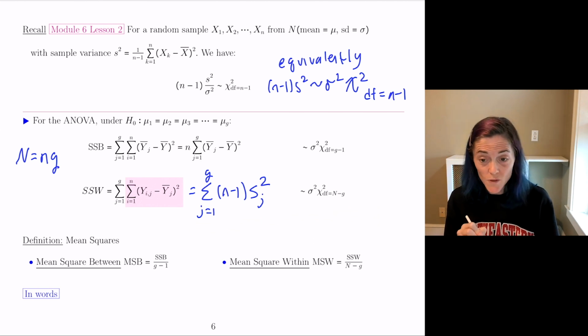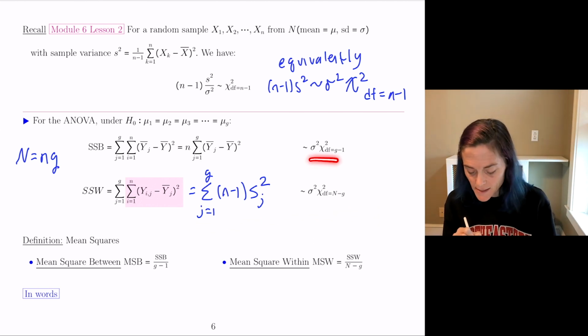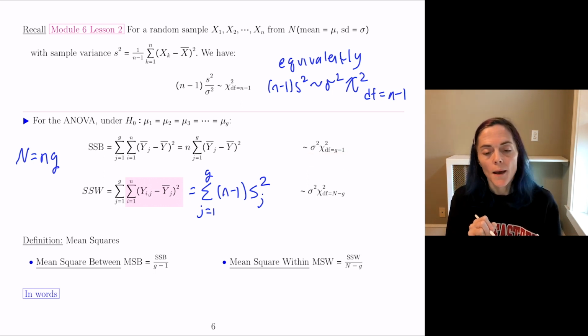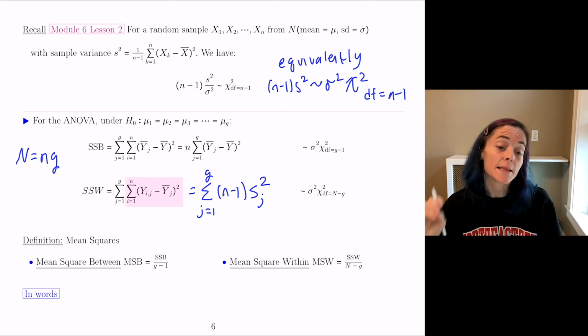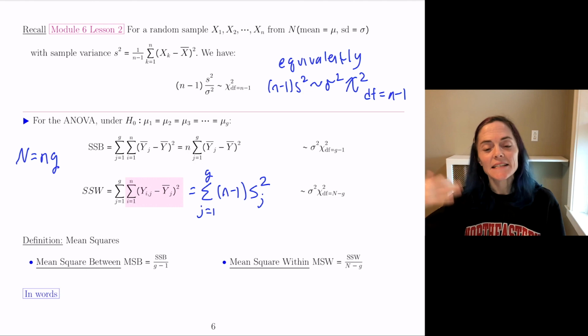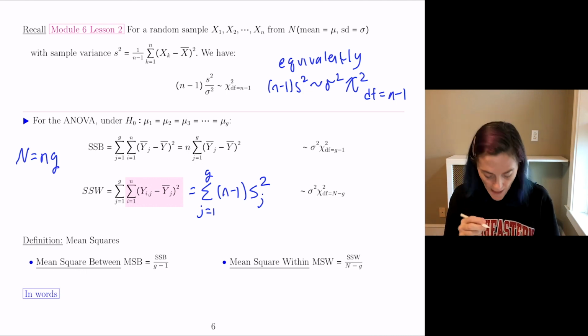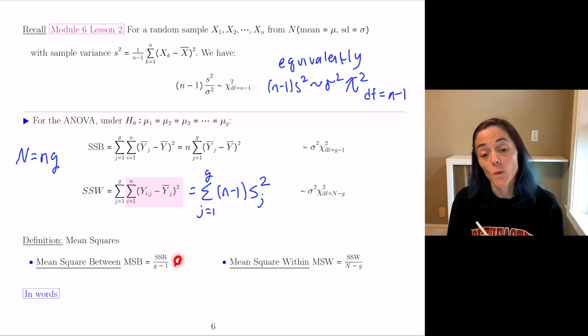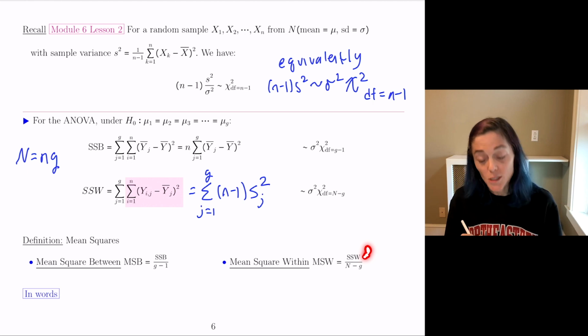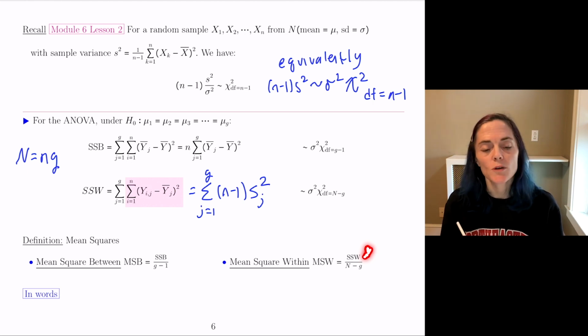So this at least gives you some idea about the second one. And similarly, sum of squares between, we have this sigma squared times a chi-square random variable with g minus 1 degrees of freedom. Next, I need to define the mean squares. Generally, you take sum of squares divided by the degrees of freedom. That's what you notice here for mean square between, sum of squares between, divided by its degrees of freedom. This is true for mean square within, sum of squares within, divided by its degrees of freedom.